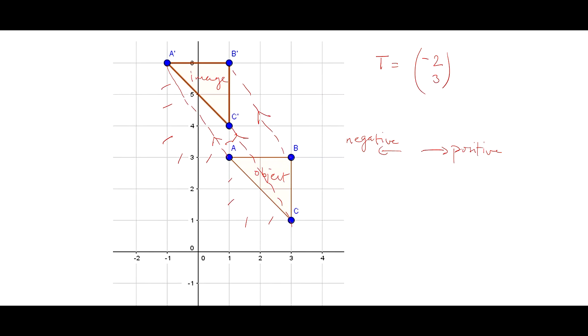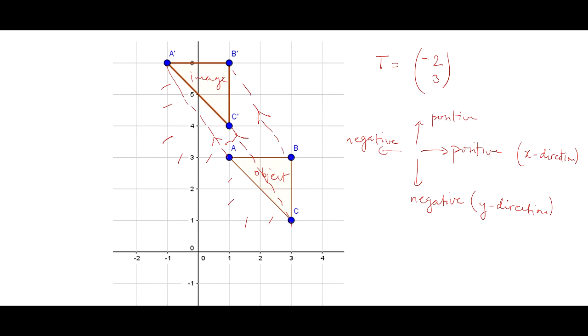And that's in the X direction. Right? If we move up, it's positive. And if we move down, it's negative. Right? And that we are speaking about the Y direction.